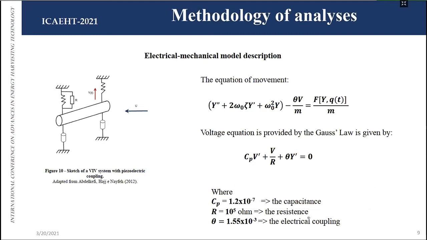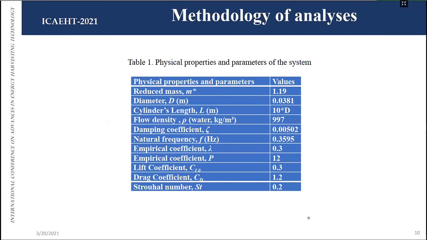Okay, so to start our analysis of whether our base model fails or not to describe the complex behaviors, we set these physical properties and parameters of the system, and then we compare the results of our simulations with the results presented by Govardhan and Williamson in 2000.